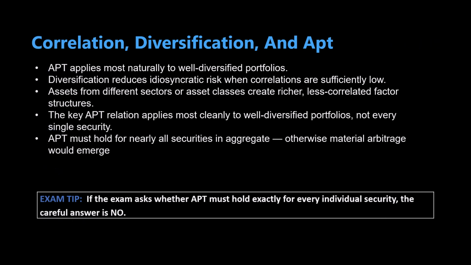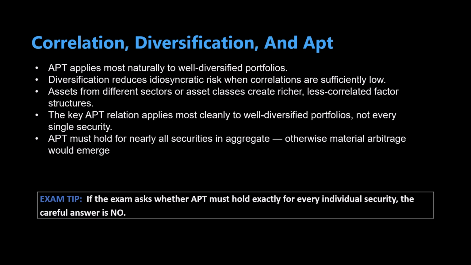APT depends heavily on the idea of well-diversified portfolio. The reason is that diversification reduces idiosyncratic risk. When enough individual firm-specific noise is diversified away, the systematic factor structure becomes the dominant source of risk and return.